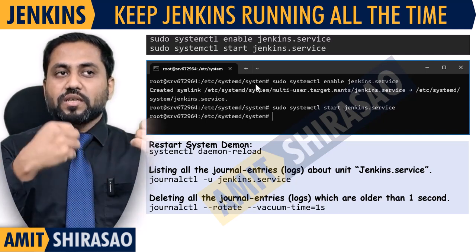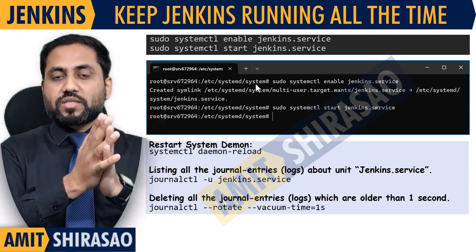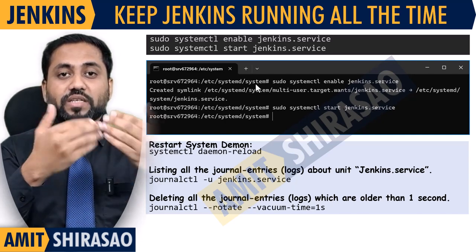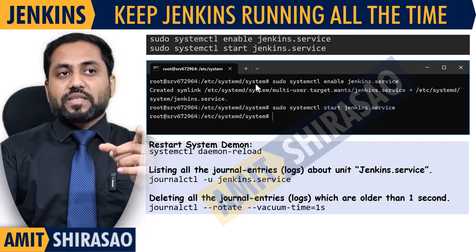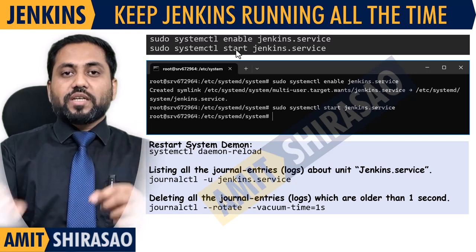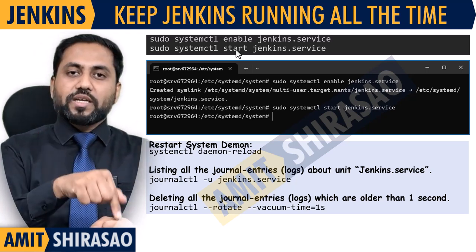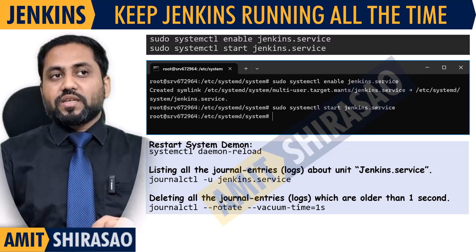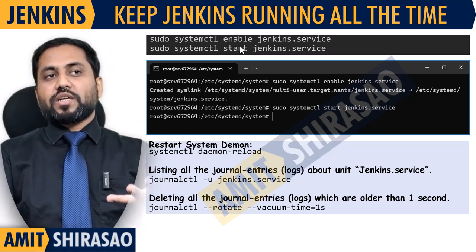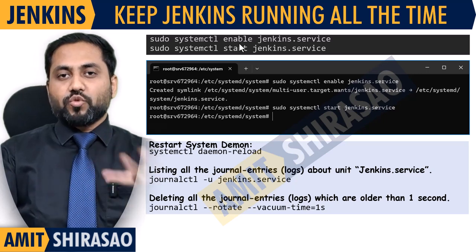Whenever the machine starts, this service should start. That is called enabling the service to start itself on its own. But starting a service means you are starting it now. It's a one-time thing, you're starting it manually. That is start. But enable means you are enabling it to start itself upon machine boot.